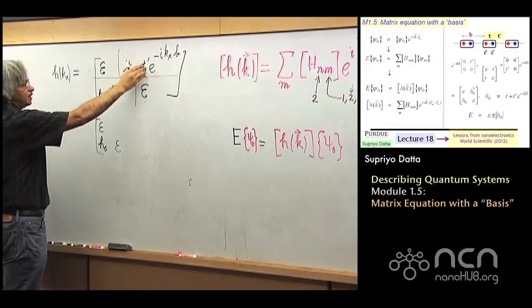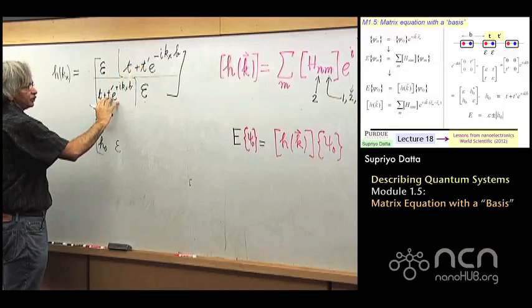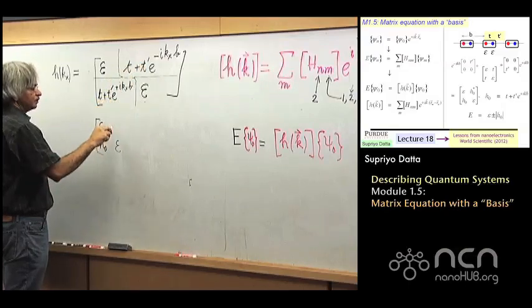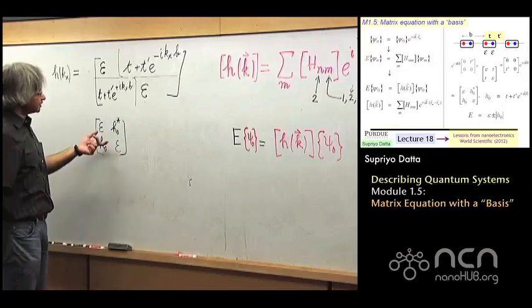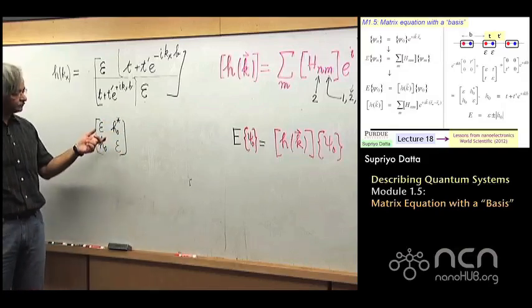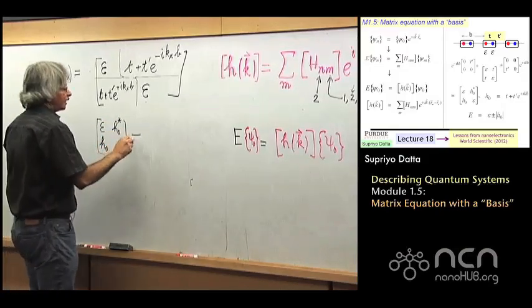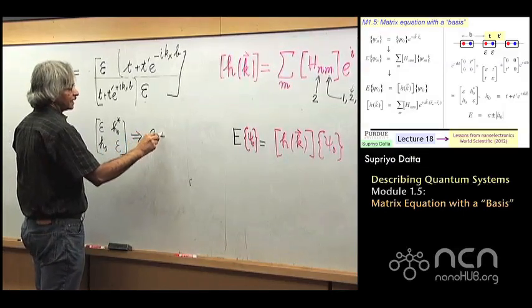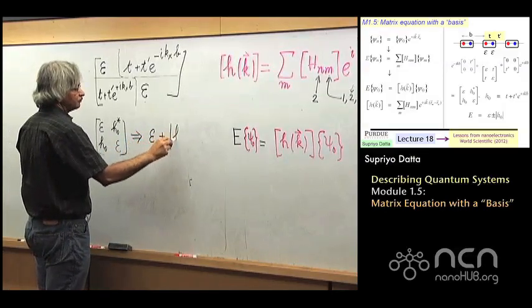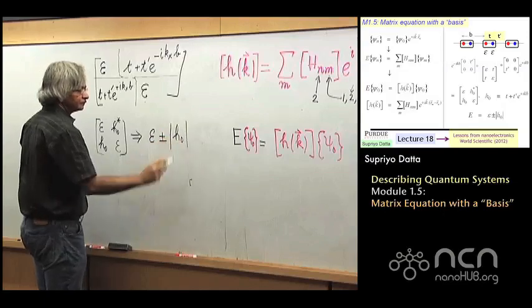And so what you see here will be the complex conjugate of what you see there. So if this is h0, this will be h0 star. And the point is, as long as these two diagonal elements are equal, the eigenvalues of that matrix are given by epsilon plus minus magnitude of h0. That's it.